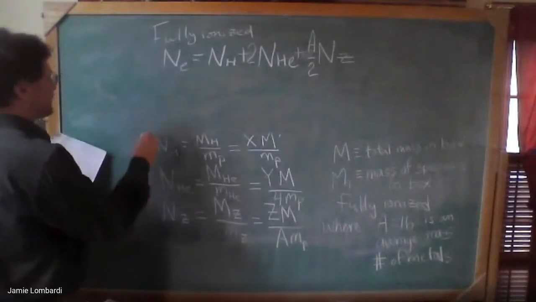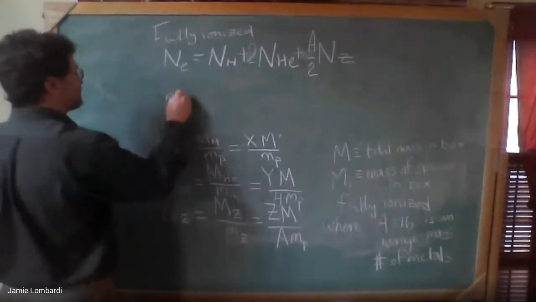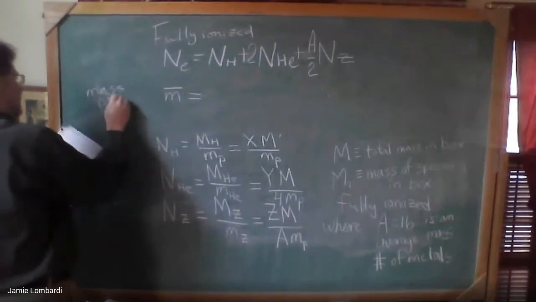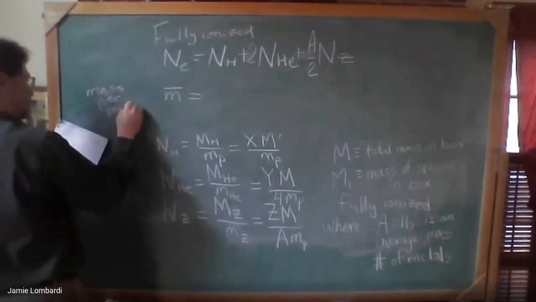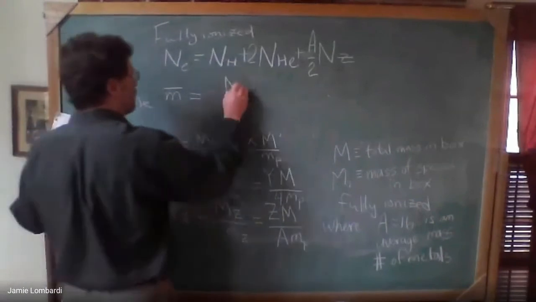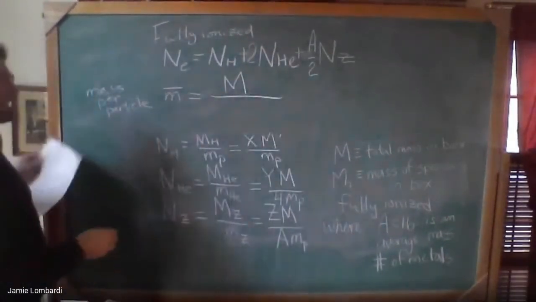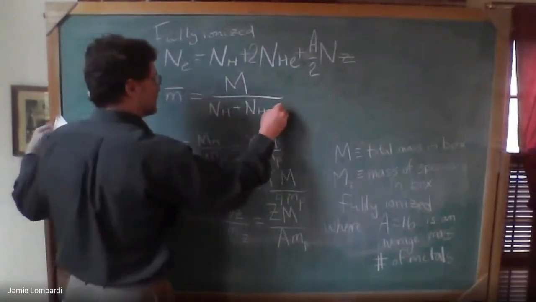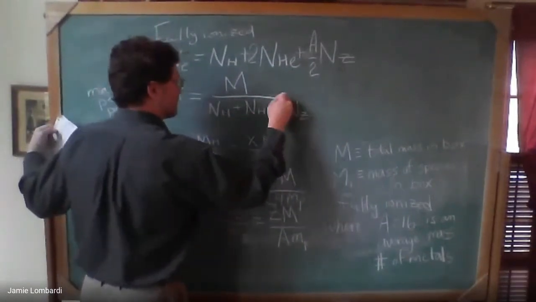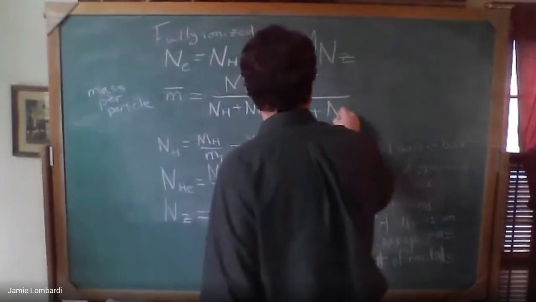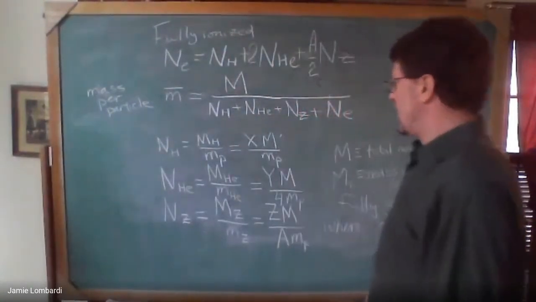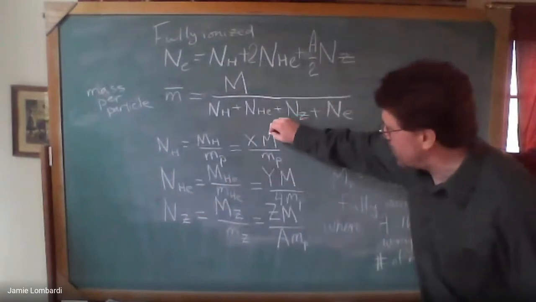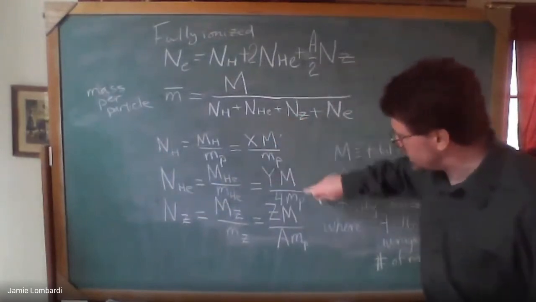You can figure out that the mass per particle is the total mass divided by the total number of things. And you see how each of these capital N's have a capital M in the expression for it?